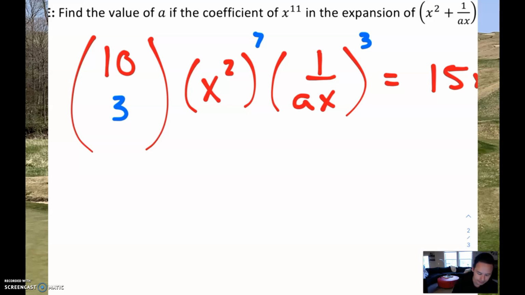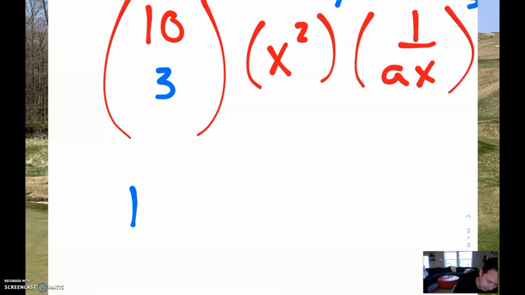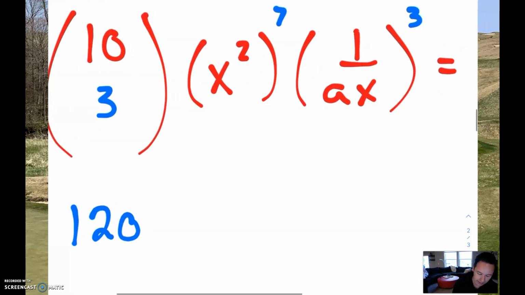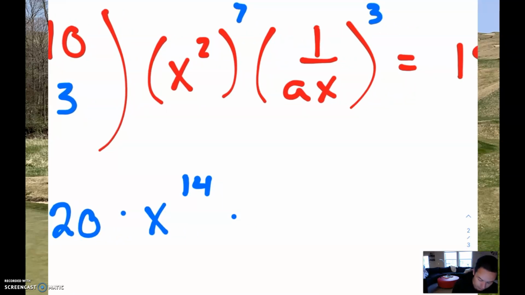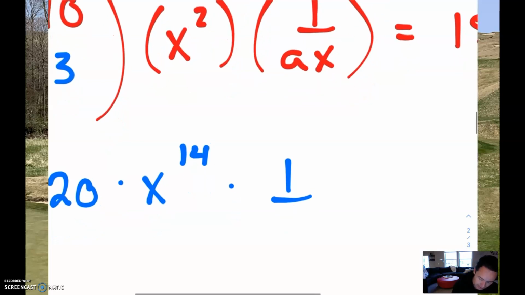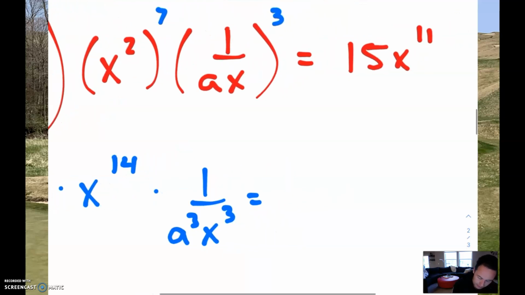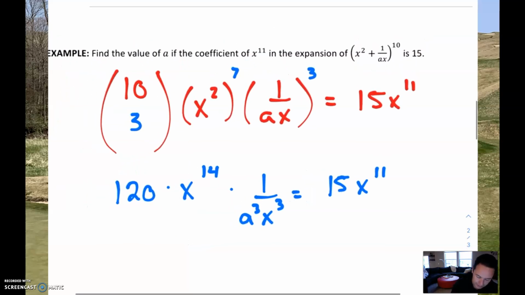10 choose 3. Simplify that, and it becomes 120. X squared to the 7th power is x to the 14th. And this next one, if you have 1 over ax to the 3rd, well, 1 to the 3rd is just 1. And on the bottom, it's going to be a to the 3rd times x to the 3rd. And over here, it should equal 15x to the 11th.